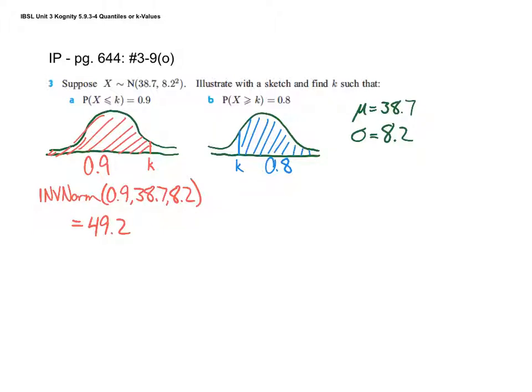It always takes the area below. So you need to identify, like Anna did, that the area below is 0.2. So in this case we do inverse norm with 0.2, 38.7, and 8.2. That gives 31.8.